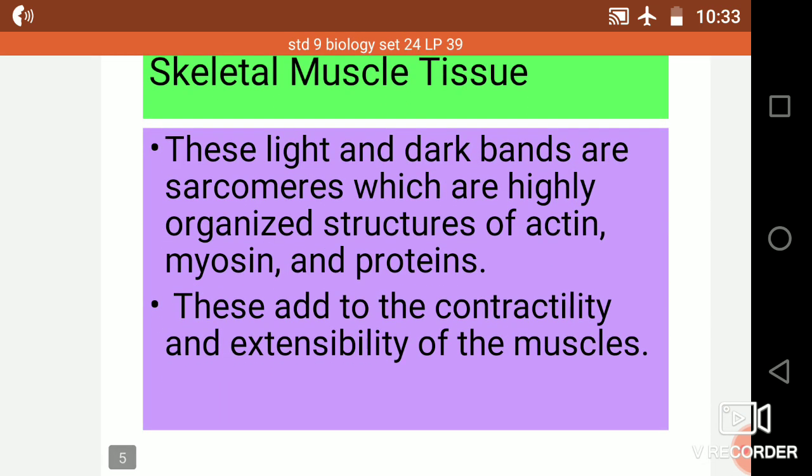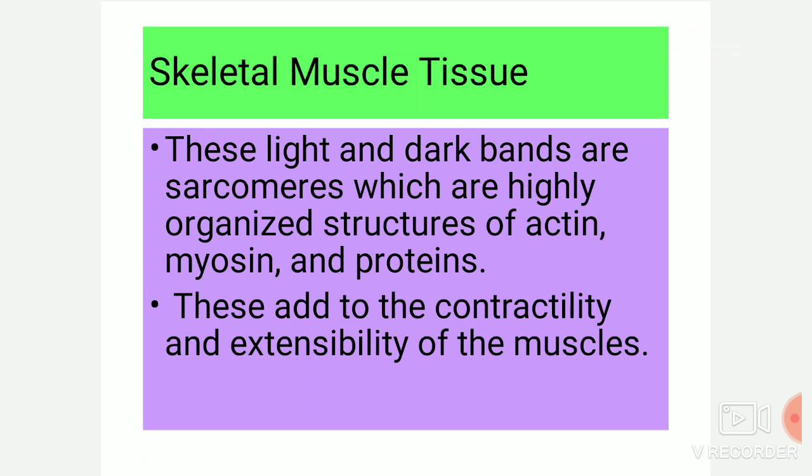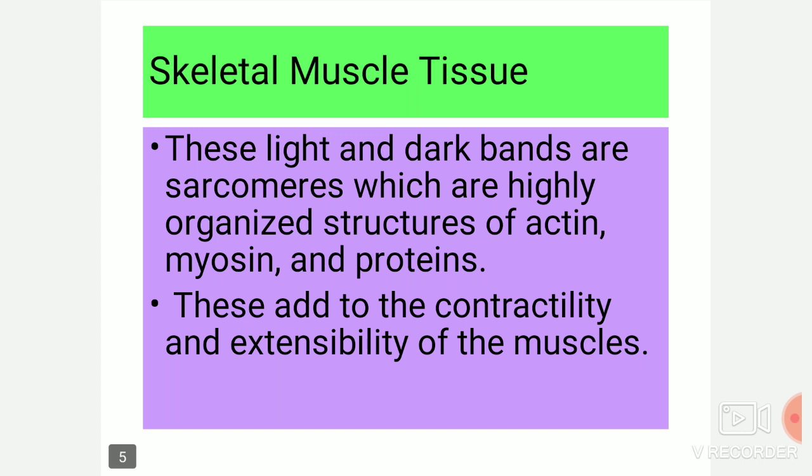The light and dark bands are sarcomeres, which are highly organized structures of actin and myosin proteins. The actin and myosin proteins are organized, and they make the bands of light and dark. They add to the contractility and extensibility of the muscles.